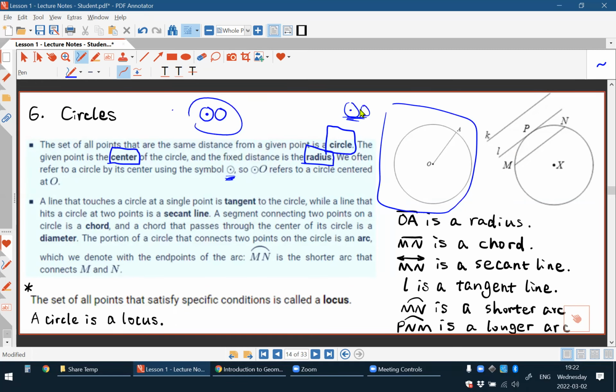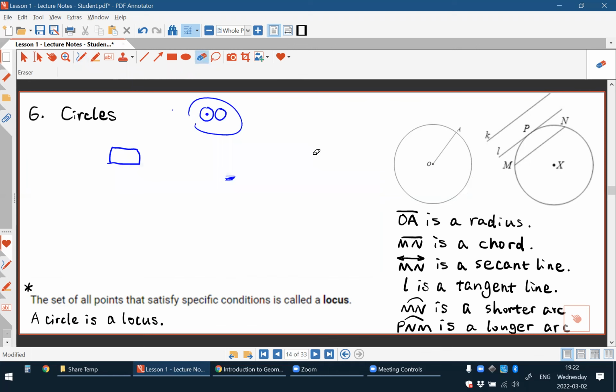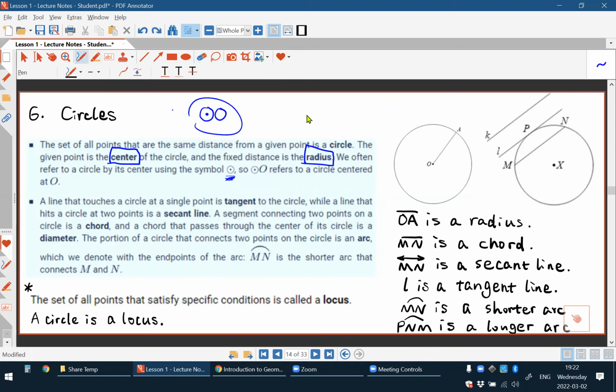So apparently, as shown in the second graph on the right, a line can either intersect with a circle or not, right? As you can see here, line K does not intersect with circle X. And line L only intersects with the circle at point P, at only one point.